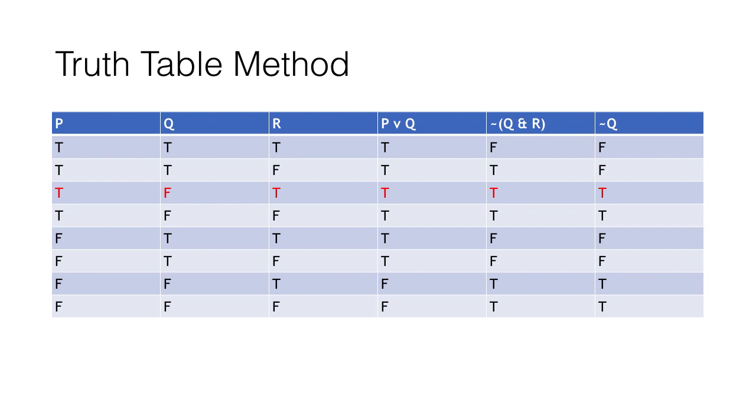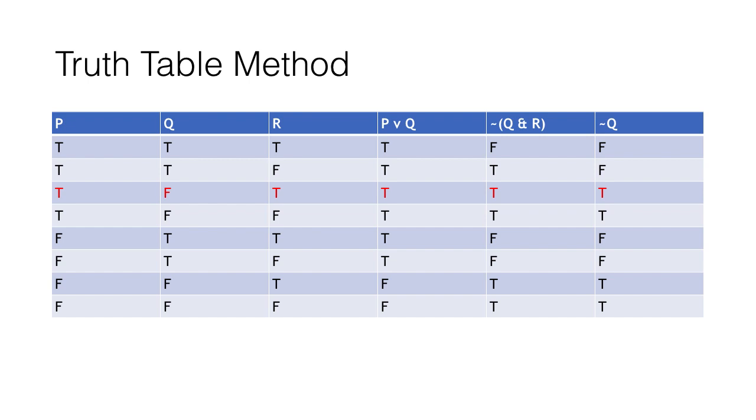And the one line where all of our premises are true, P happens to be true as well. So there's no way we can imagine all of our premises being true and P being false. The one possible case here where every single one of these premises is true, P is also true.